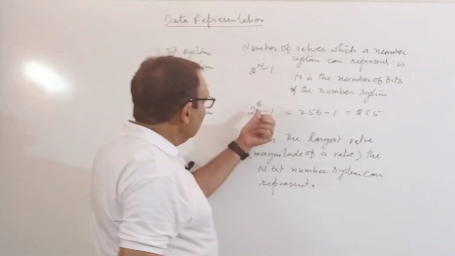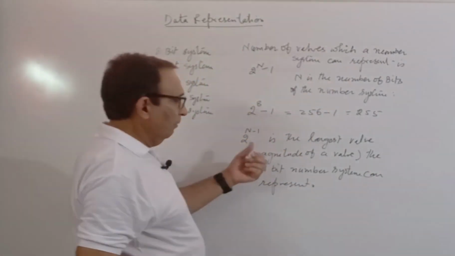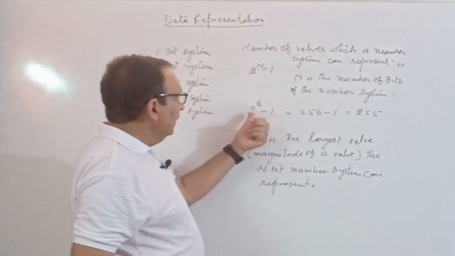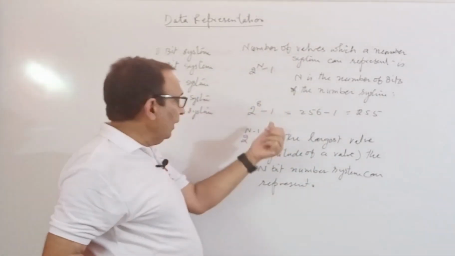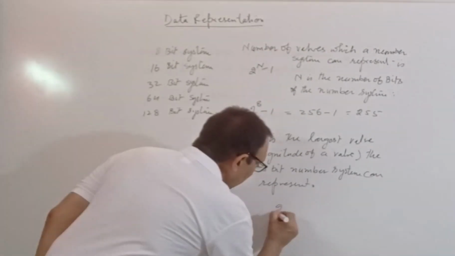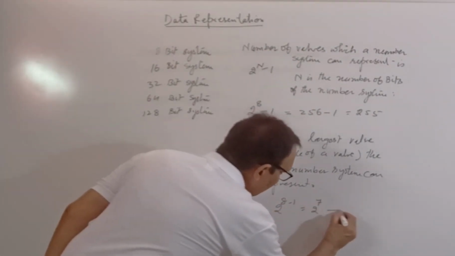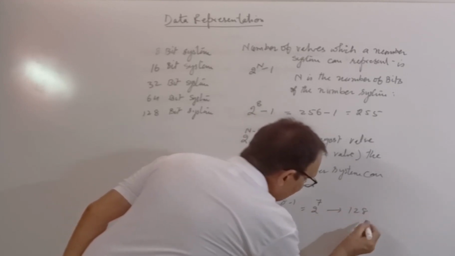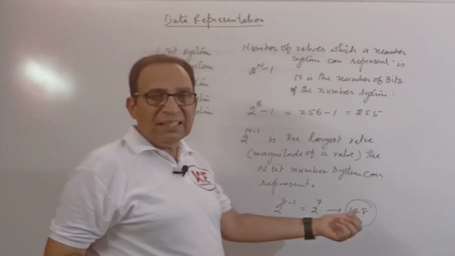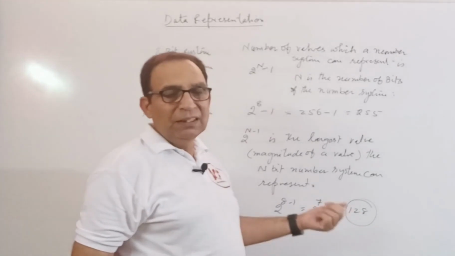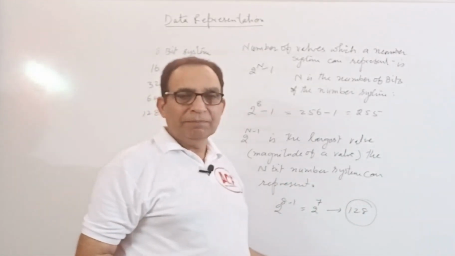So, let us say the 8-bit system can represent, which is the highest value represented by 2 raised to the power 8. So, I write 2 raised to the power 8 minus 1, that comes to be 2 raised to the power 7, which is equal to 128. So, 128 is the largest value an 8-bit system can represent.